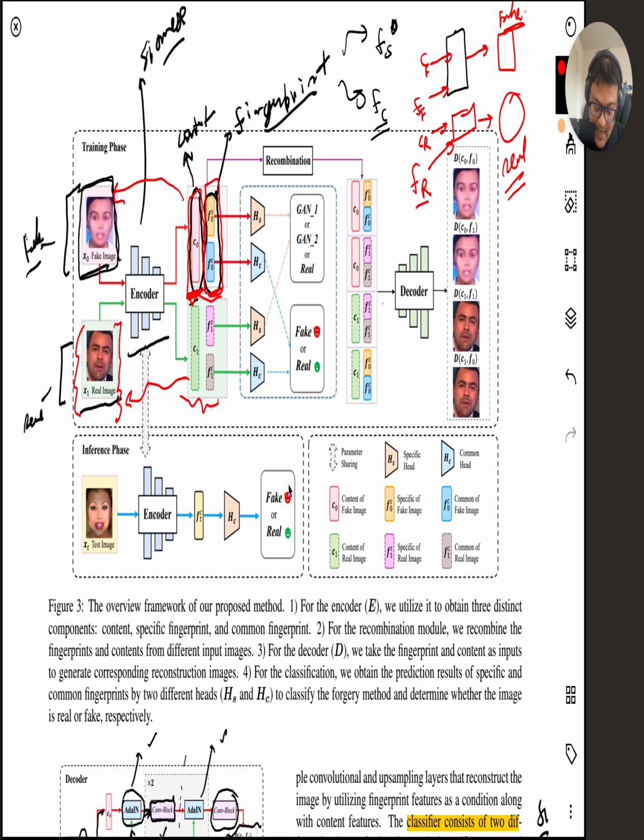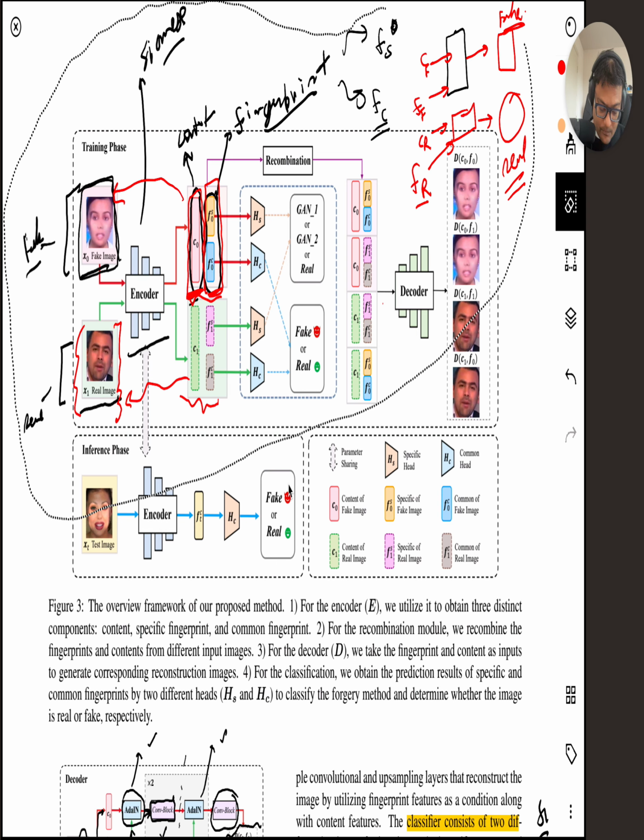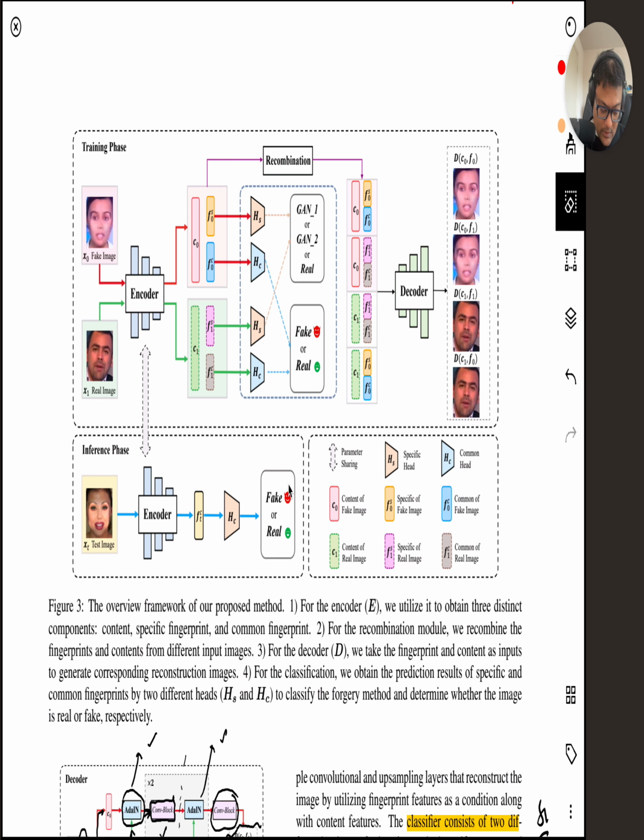So let's say you are given a fake image, and you have this content, and then instead of taking these features, you actually take these features. Now in this case the point is that this fingerprint corresponds to a real fingerprint because it is coming from a real image, and this is just the content of the fake image.